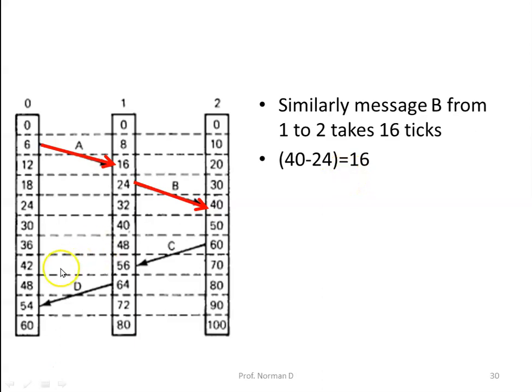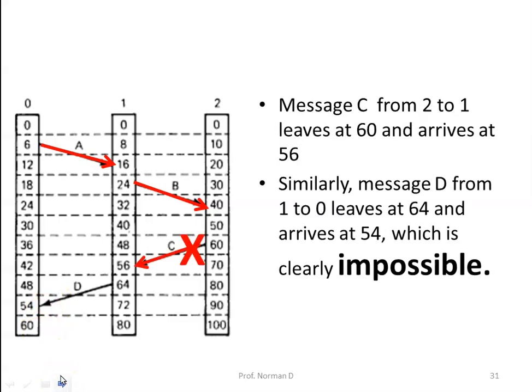Then the message moves from 2 to 1 and 1 to 0. So the message from 2 to 1 leaves at 60 and arrives at 56. Similarly, the message D, from 1 to 0, leaves at 64 and arrives at 54, which is totally not possible.